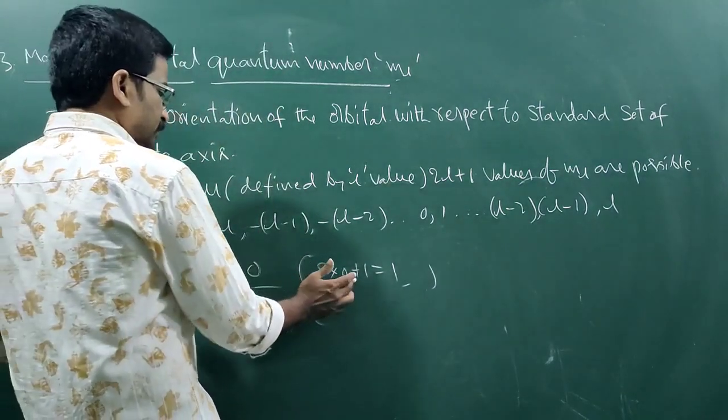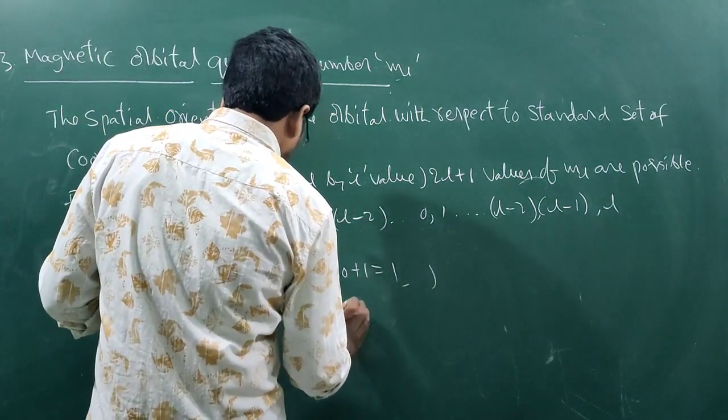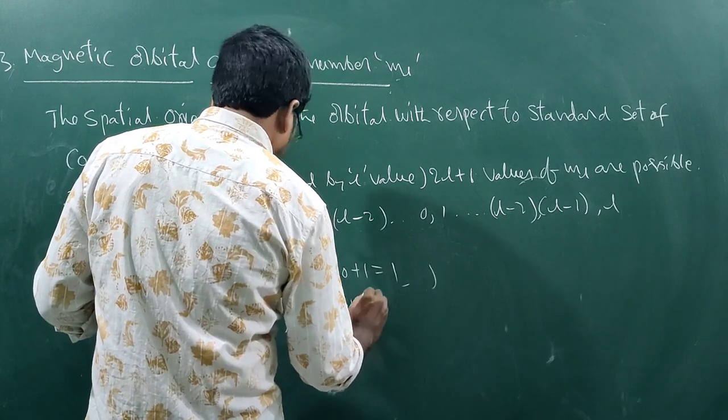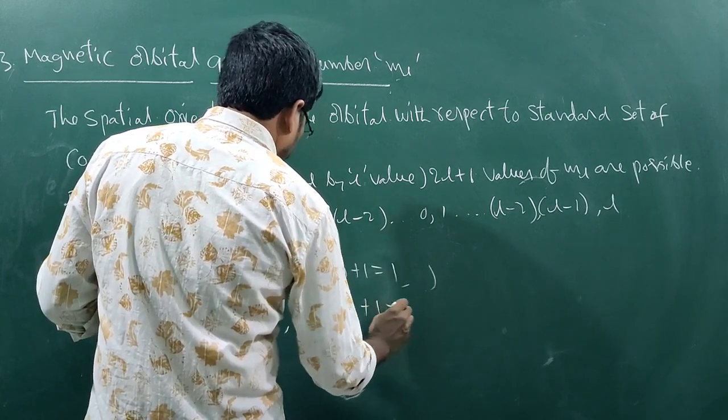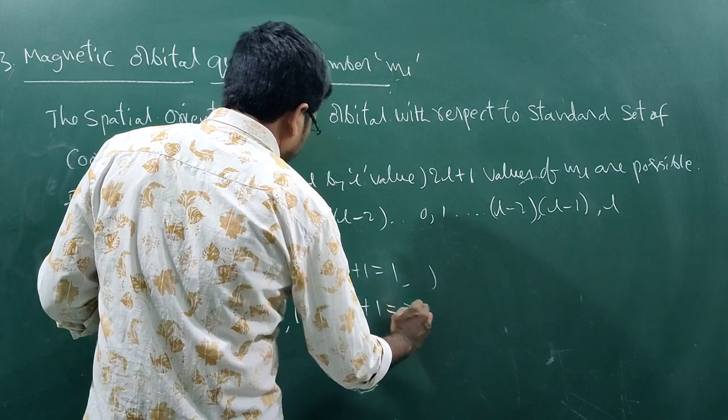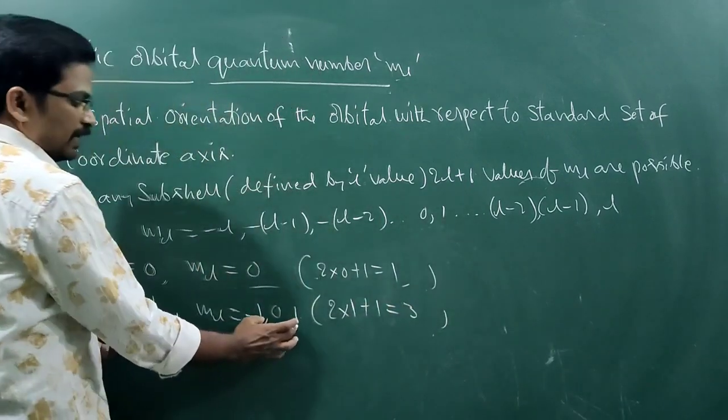Put this into the formula: 2 into 1 plus 1. The total number of values is 2 plus 1, which is 3. So 3 values are possible.